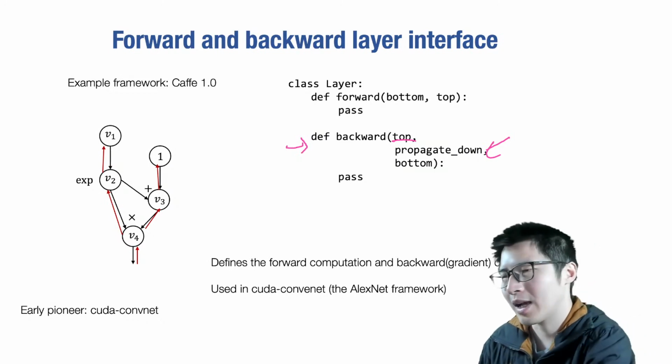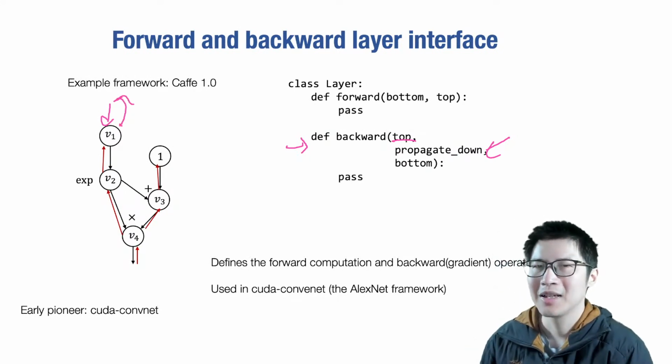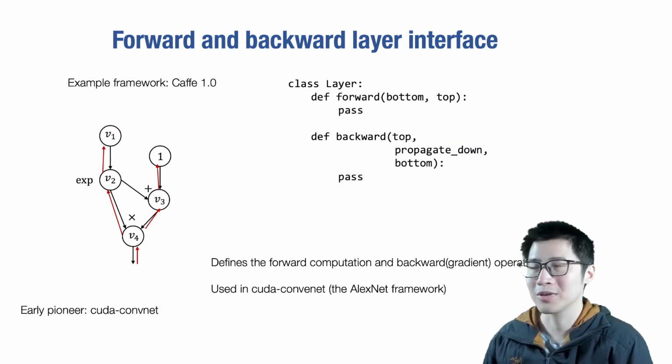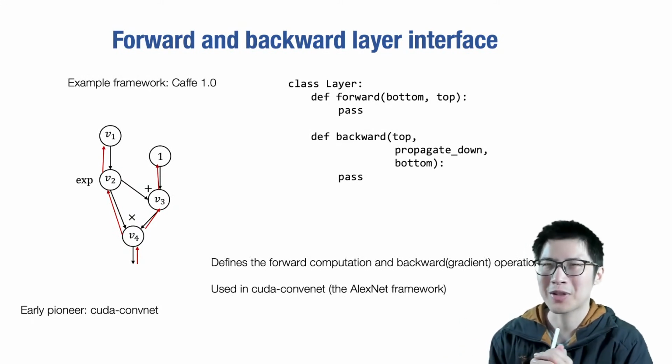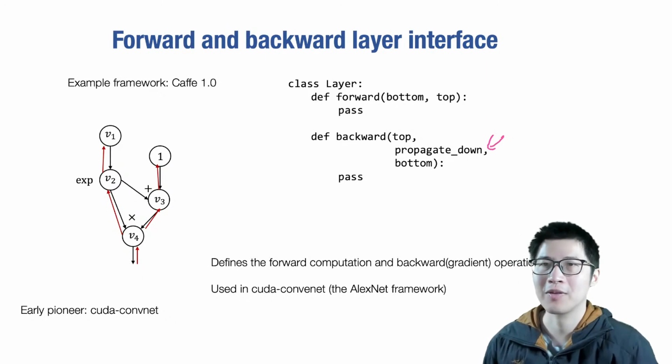Because in most cases you don't have to propagate gradient to the input, unless you are doing things like neural style, where you are taking the gradient with respect to the input. So propagate down is just a specific flag that helps us do certain optimizations.